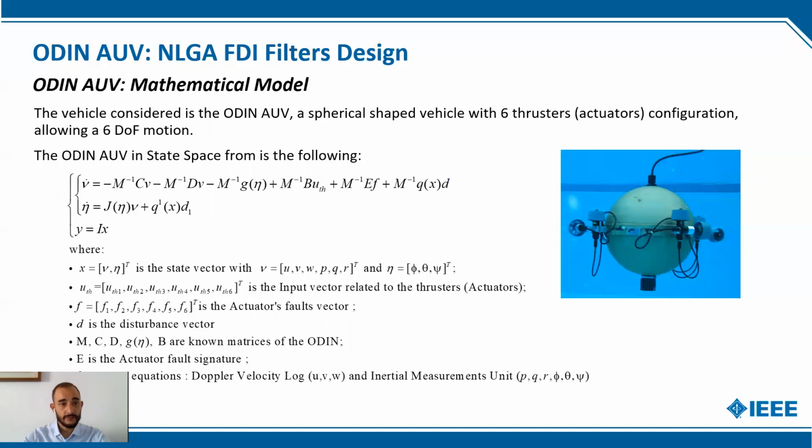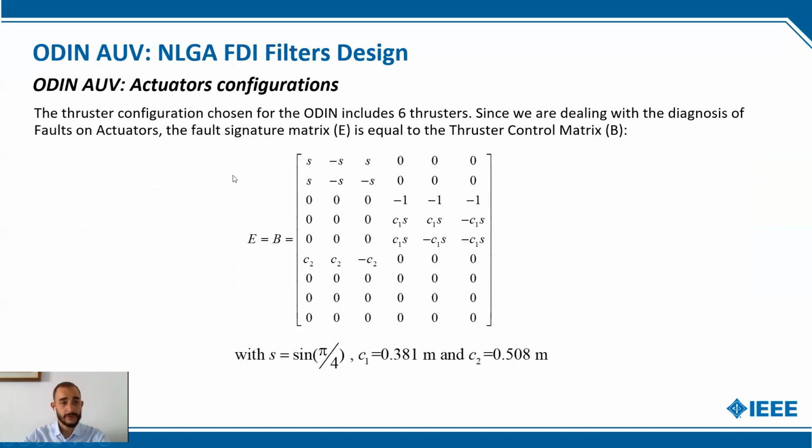It is important to underline that all the matrices of the mathematical model are known and are the matrices of the ODIN AUV. And also, it is worth observing that we are dealing with the diagnosis of faults of actuators. So the fault signature matrix E is equal to the thruster control matrix P.